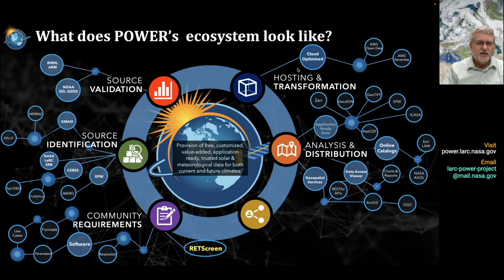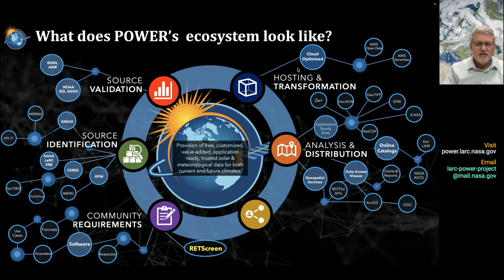Finally, we've evolved in our analysis and distribution. So that means we've added more and more data formats to the output products and changed the way that we store all the products, made them available online and through GIS compatible websites like the Esri Living Atlas and NASA's own GIS Online.